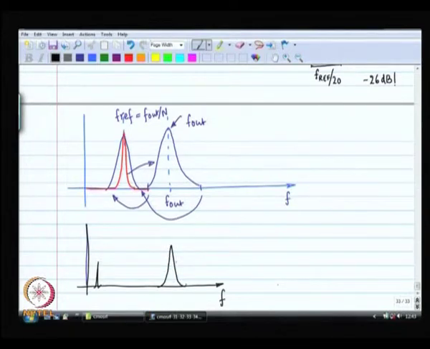Maybe this is how the output spectrum will look like. The scaled reference is going to look like this. Now, what this means as far as our synthesizer is concerned is that within the loop bandwidth, remember the loop bandwidth is only this much.